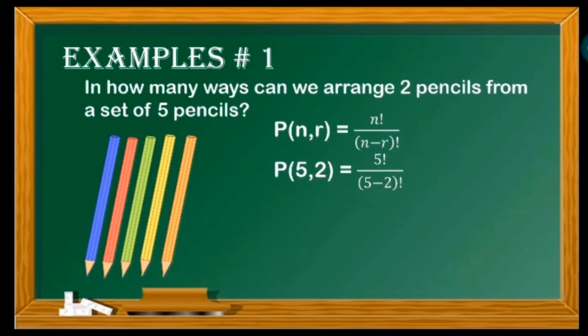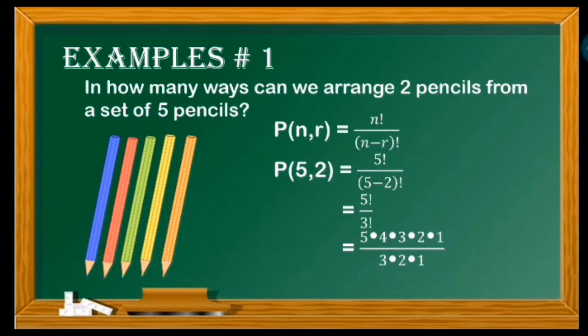So P(5, 2) is equal to 5 factorial over (5-2) factorial. So let's solve 5 minus 2, which is equal to 3. Then 5 factorial over 3 factorial is equivalent to 5 times 4 times 3 times 2 times 1 over 3 times 2 times 1.